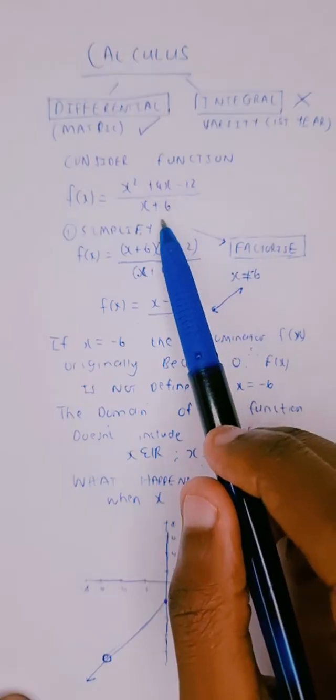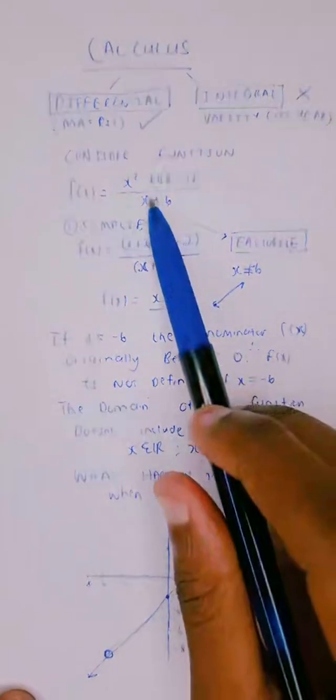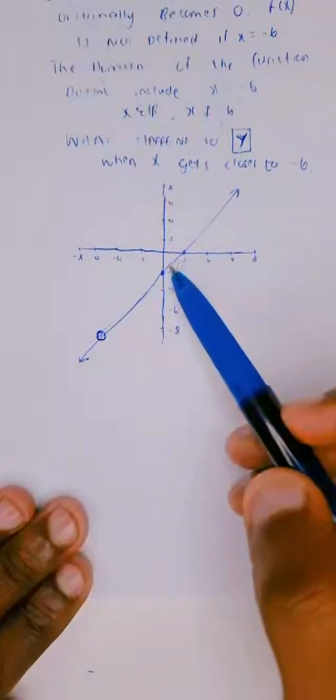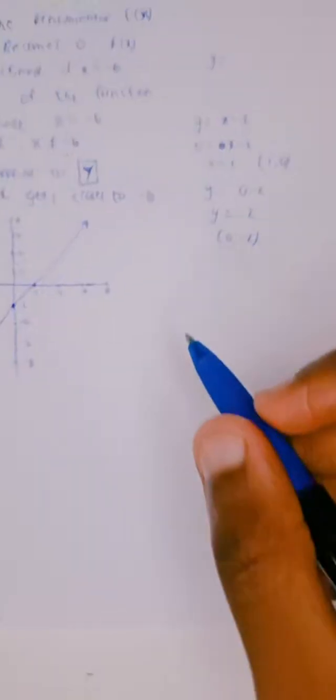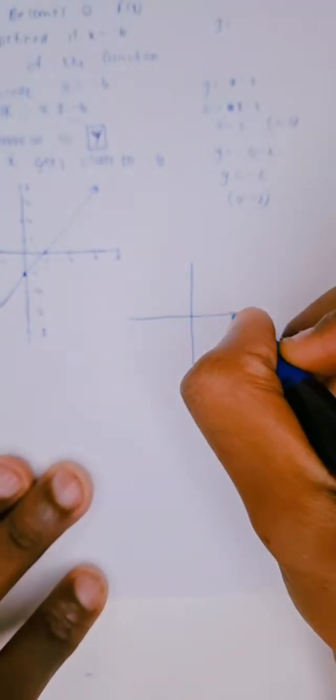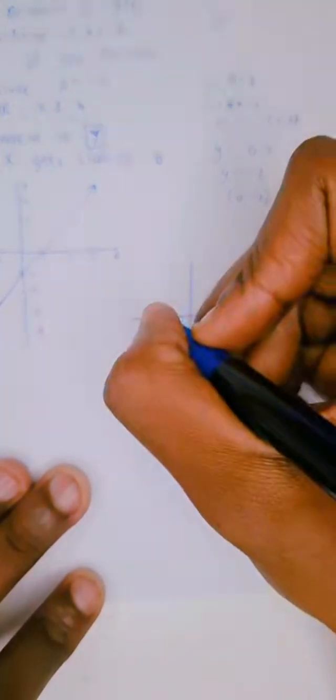Remember, x cannot be negative 6 because when x is equal to negative 6, the function is not defined. It's undefined. So I'm sorry guys, that straight line that is drawn there does not make the point valid.